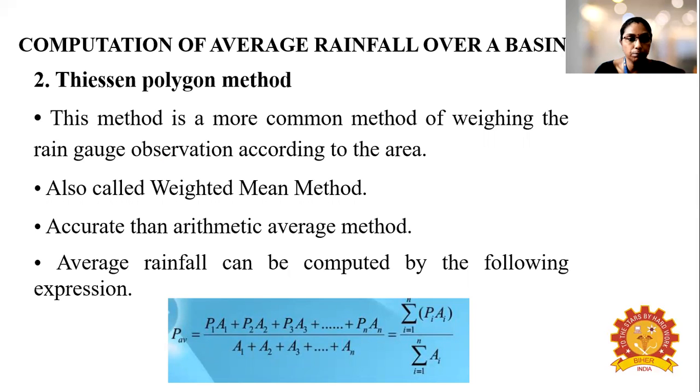This is the simple expression used to calculate the average rainfall over a basin by the Thiessen polygon method.